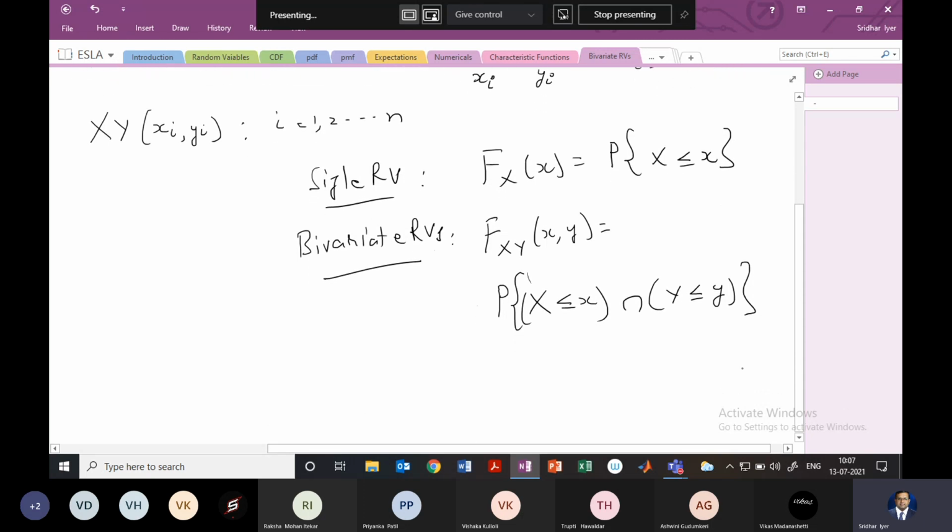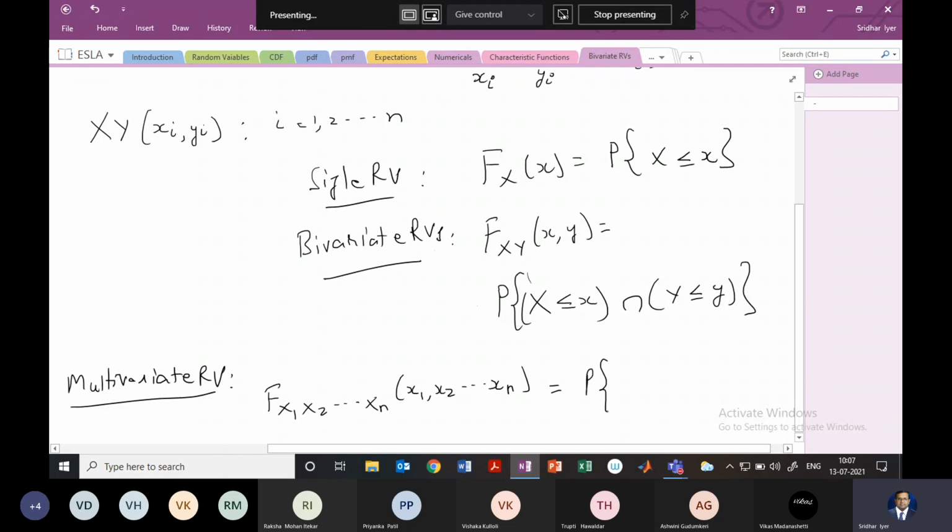So if we just extend this to a multivariate random variable, by multivariate I mean 3, 4, 5 or n number, then we can write this as F of x1, x2 all the way till xn, and the CDF will now be the probability of X1 less than x1, intersection X2 less than x2, intersection all the way till Xn less than xn.